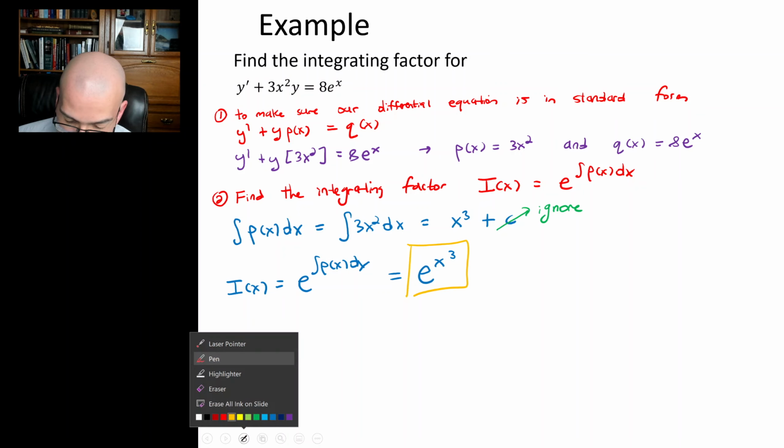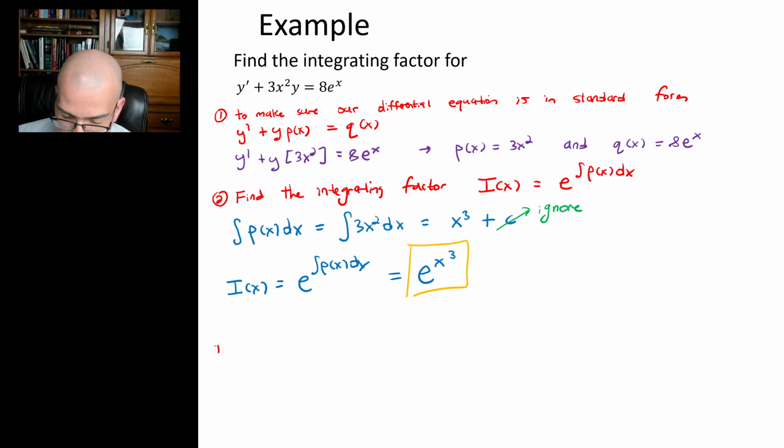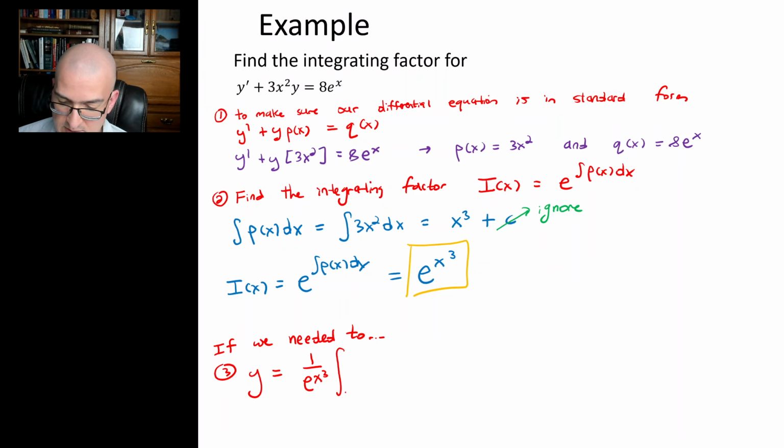If we want to continue, step 3 would be just our solution. Y is equal to 1 over integrating factor, 1 over e to the x to the 3 times the integral of e to the x to the 3 times 8e to the x dx, which is not a possible integral to do.